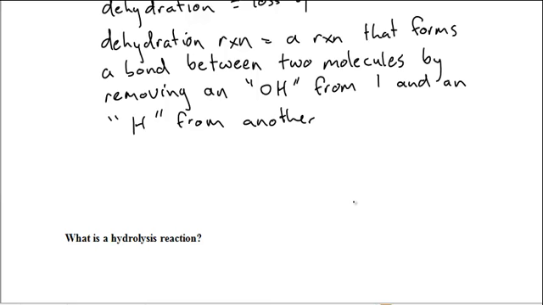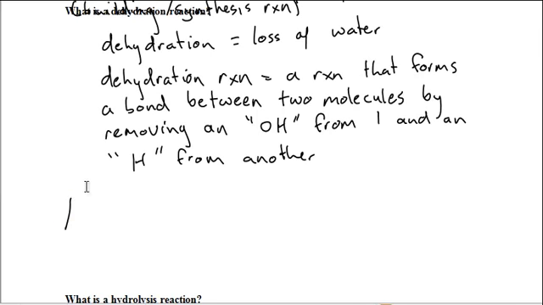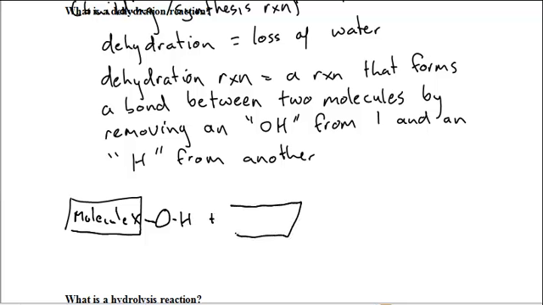So if we look at this as an equation, we could have some sort of fancy molecule X, as long as on its end it has an OH group. And then you have another molecule Y, and it has an H on its end.